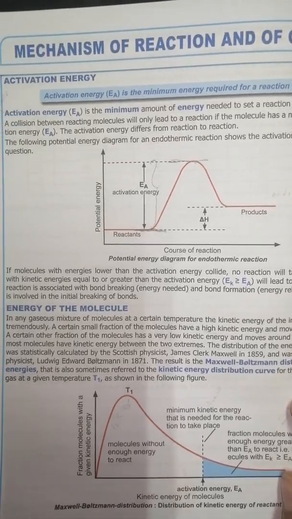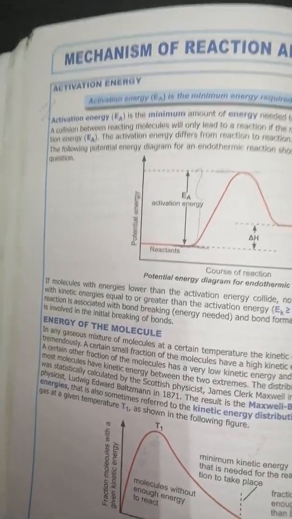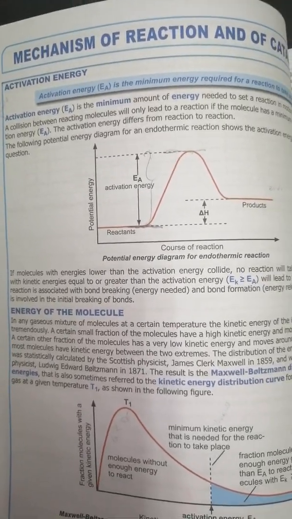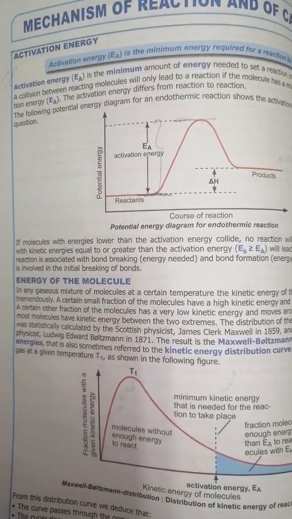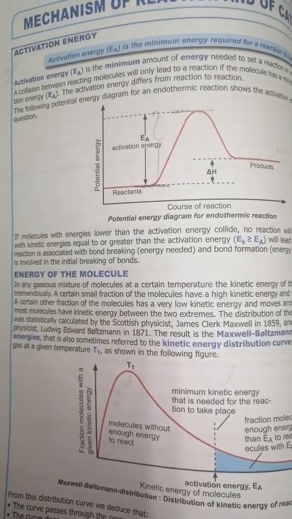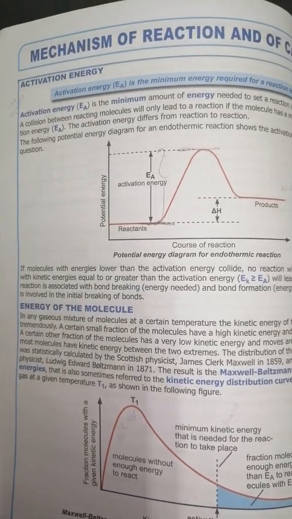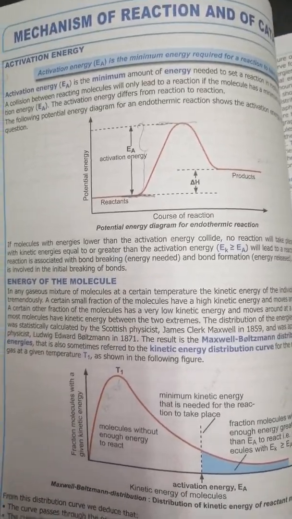The lower the activation energy, it means that more particles will be able to have enough energy or kinetic energy to take part in the reaction, so they will be able to collide effectively. So the lower the activation energy, the easier the reaction is and the faster it will happen.